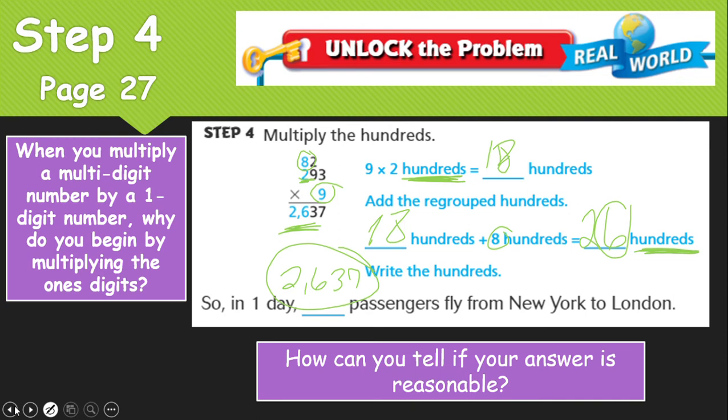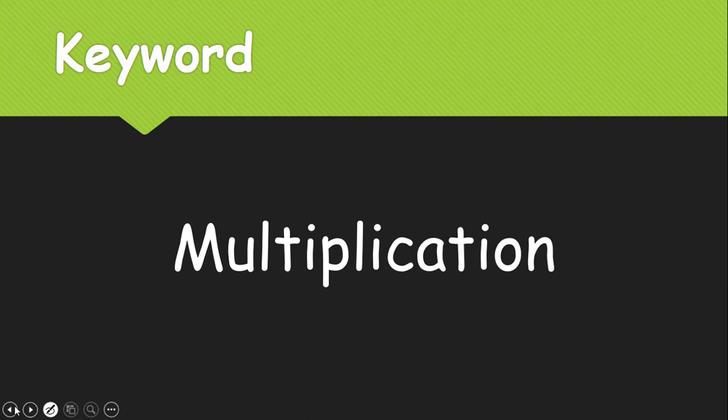There you go. You can see that your estimation, your product, is close to your estimation, which is what we want, because now you can verify if your answer is reasonable. All right, your key word is multiplication, since we are working on multiplication.